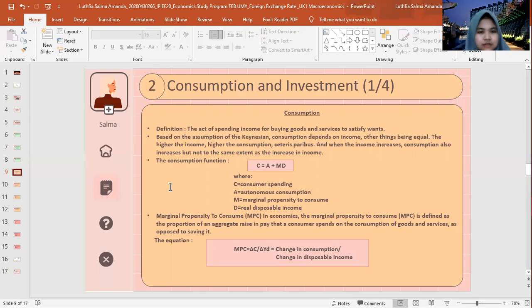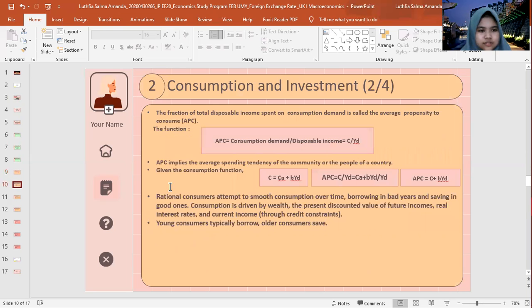And the consumption function is C, for consumer spending, equal to a plus MPC times Y. And MPC, marginal propensity to consume, is defined as the proportion of an aggregate rise in pay that a consumer spends on the consumption of goods and services as opposed to saving it.